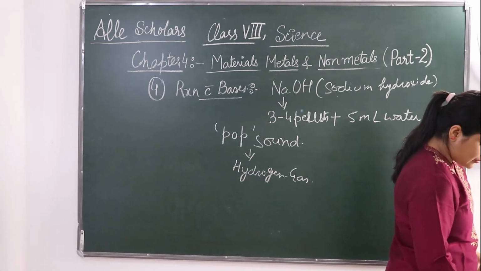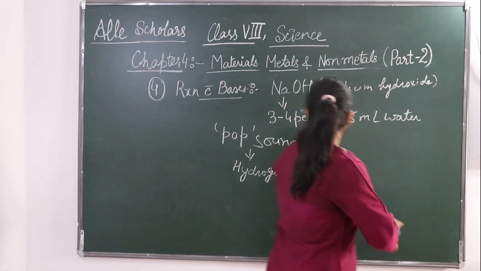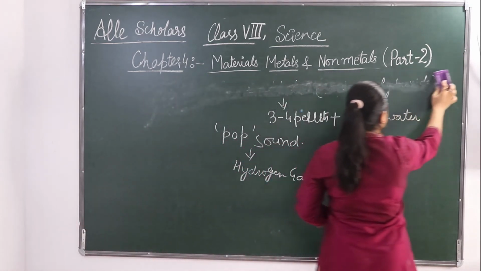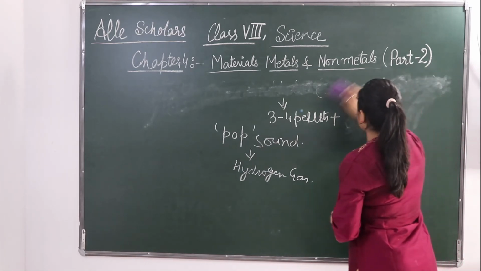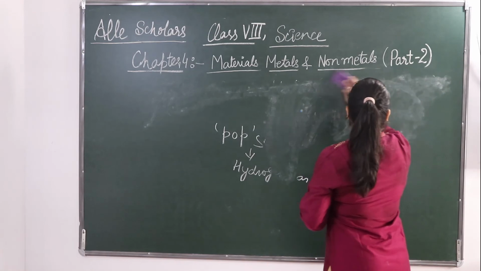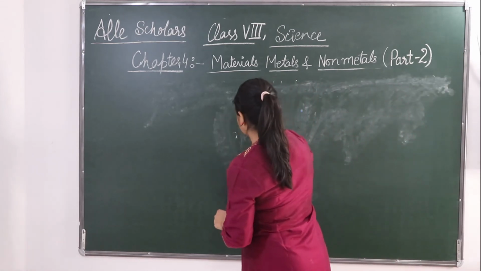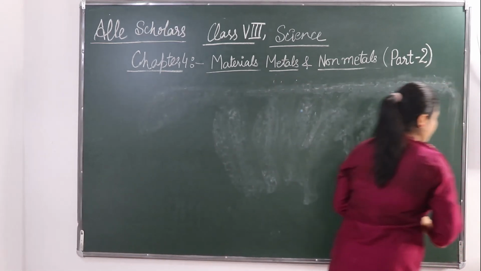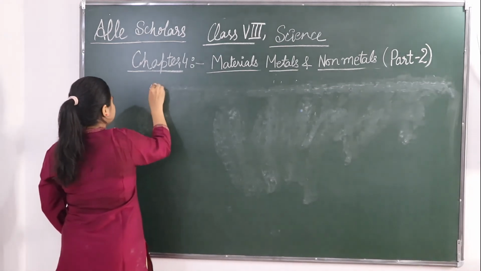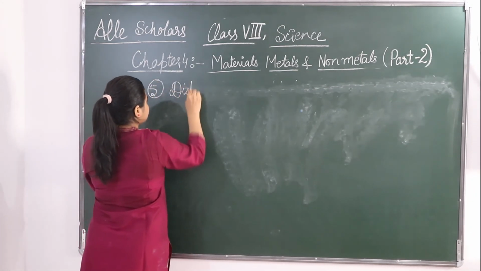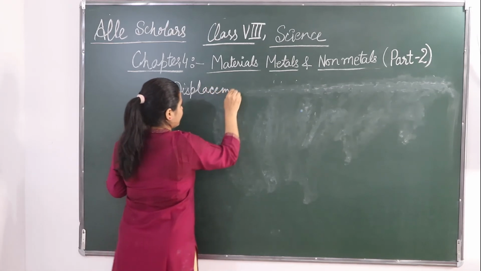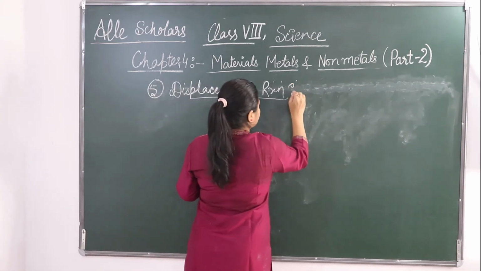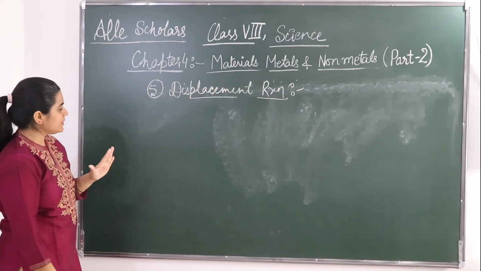Next we are going to see the displacement reaction. The fifth type is the displacement reaction. So what happens in a displacement reaction?